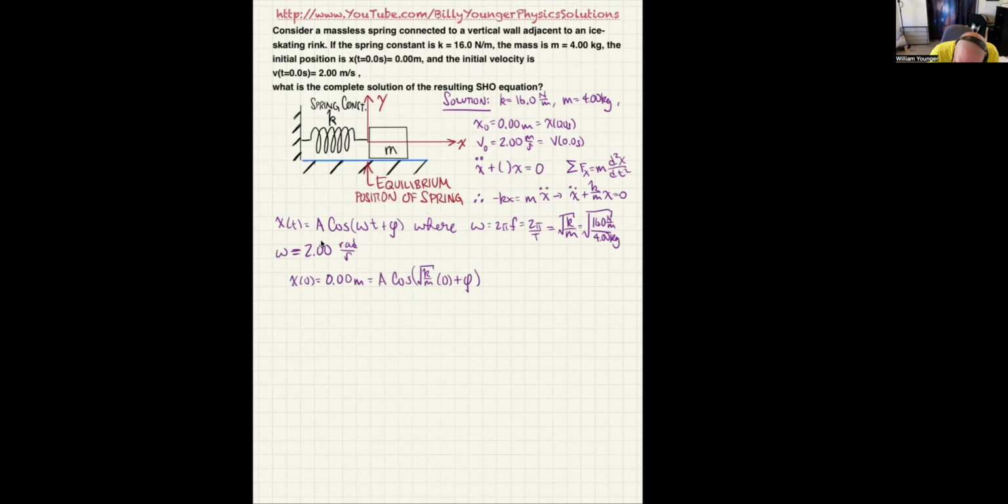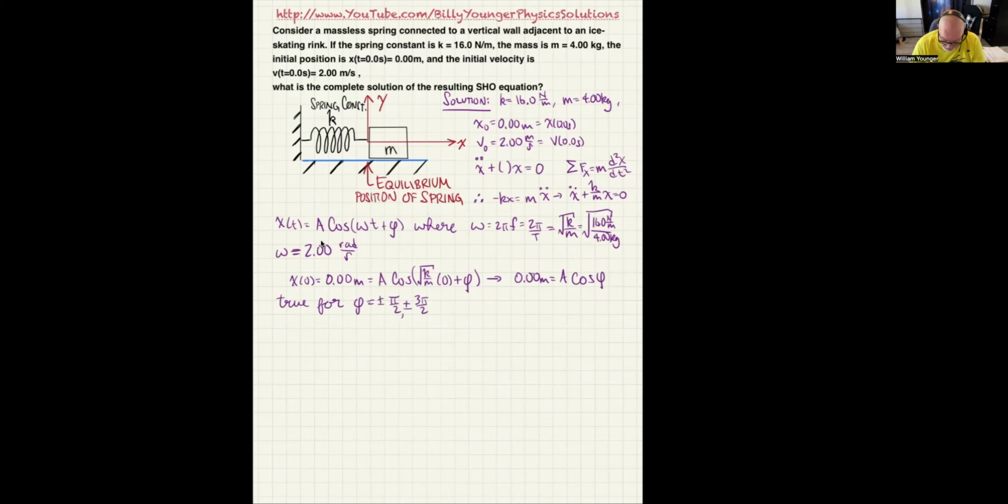From that, 0.00 meters is equal to A times the cosine of phi, and that can only be true for phi equals plus or minus pi over 2, plus or minus 3 pi over 2, and so on and so forth. So we know that must be one of the phi's.